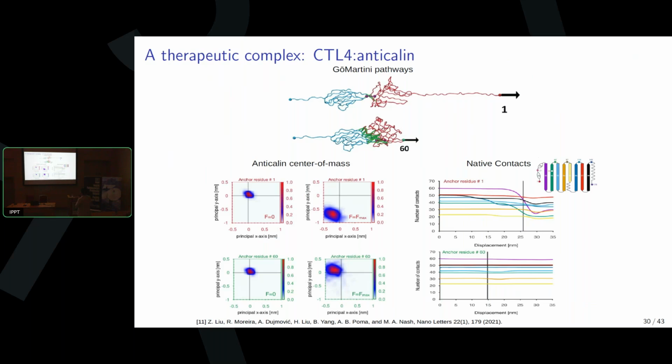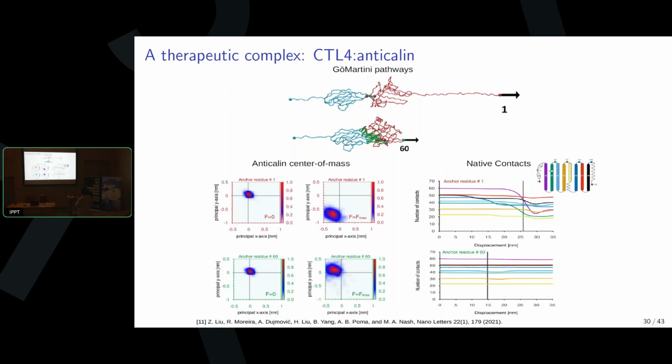If you remember, this was the cartoon of the secondary structure of the protein. Each of the beta segments of the protein is colored, and each one has a set of native contacts in the model, right? When you pull from residue 1, you see that the most affected strands are the purple one and the blue one, and basically a peeling of the protein is happening.